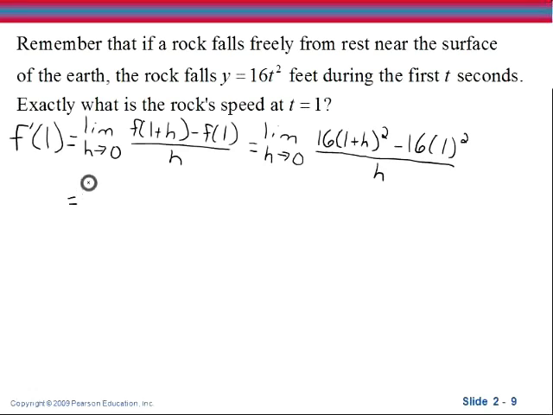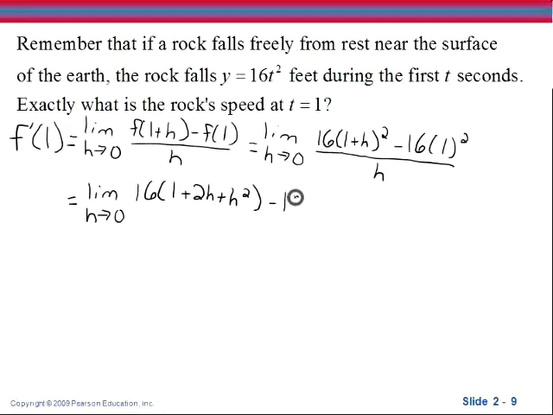Okay, next we take the limit as h approaches 0, and we simplify the numerator. Remember when you do 1 plus h squared, you can use the perfect square trinomial formulas, or write 1 plus h times 1 plus h and use FOIL. And that will be 1 plus 2h plus h squared.